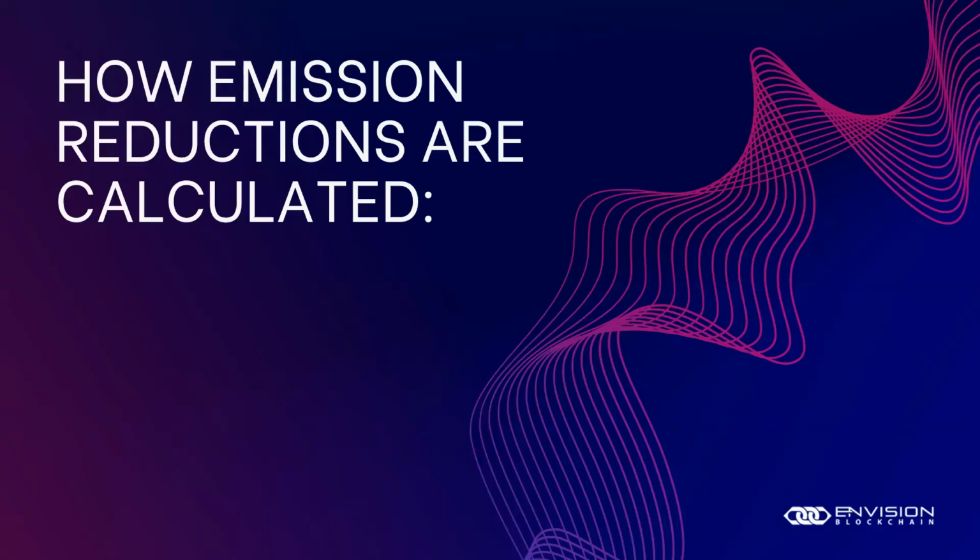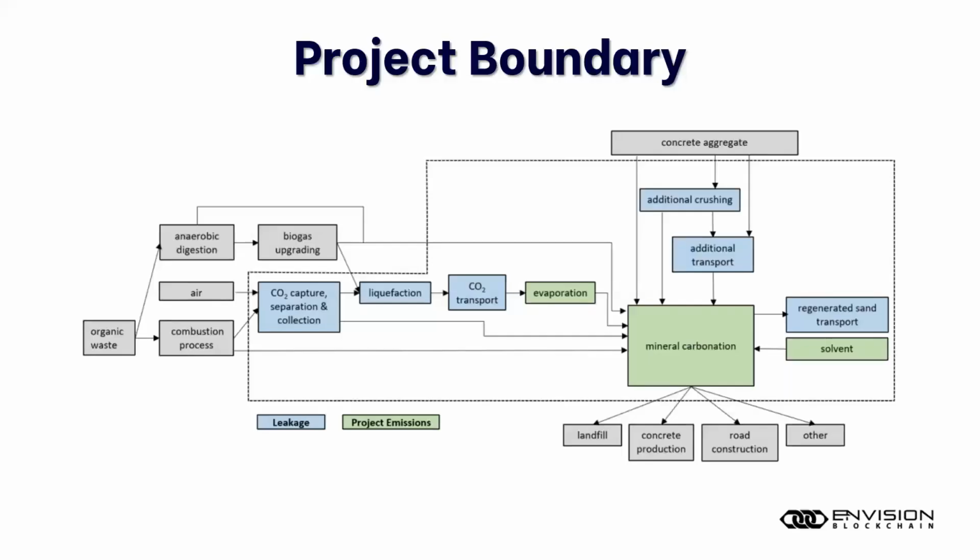So how do we calculate the emission reductions? First, we'll look at the project boundary, and this comes directly from the methodology itself. We can look at this chart and see what's included in the project boundary and what is associated with leakage. So in blue, you'll see what is included in the leakage emissions, so things like CO2 capture, separation and collection, liquefaction, transportation of that aggregate, and a few other activities will be accounted for in the leakage emissions.